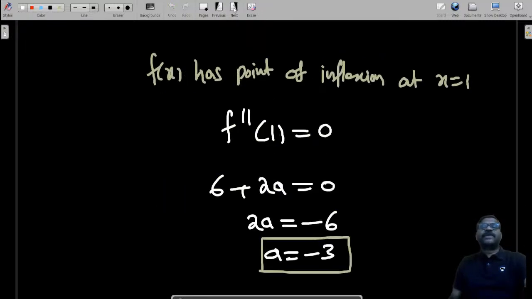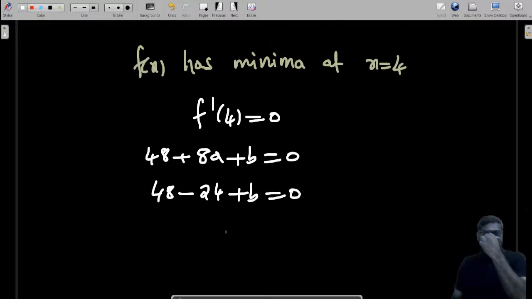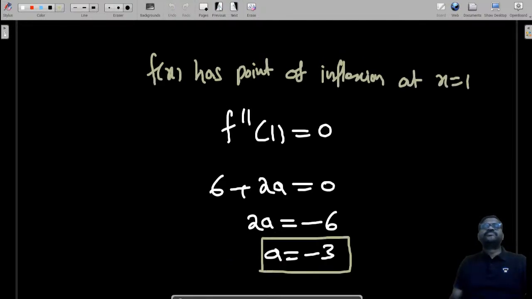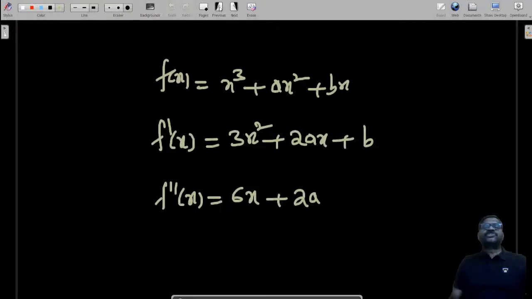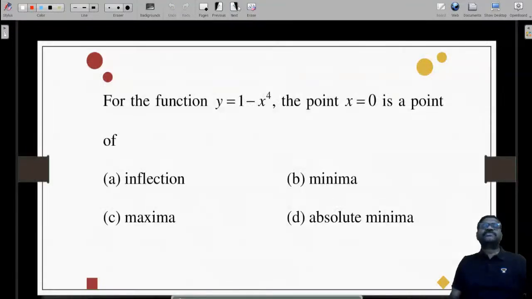Now a is minus 3, therefore 48 minus 24 plus b equal to 0. B equal to minus 24. A equal to minus 3, B equal to minus 24.